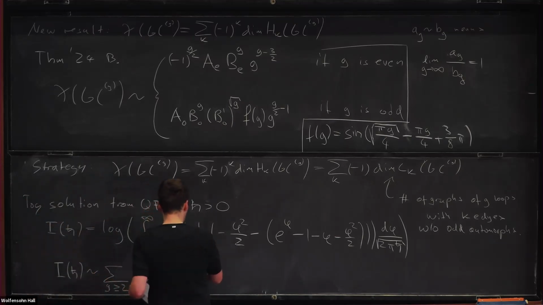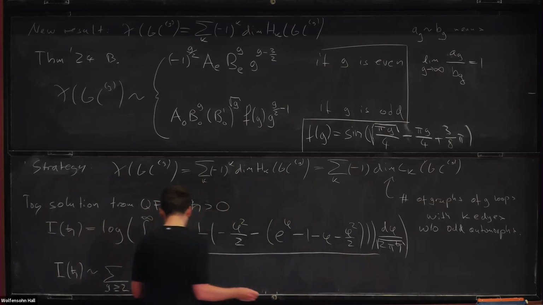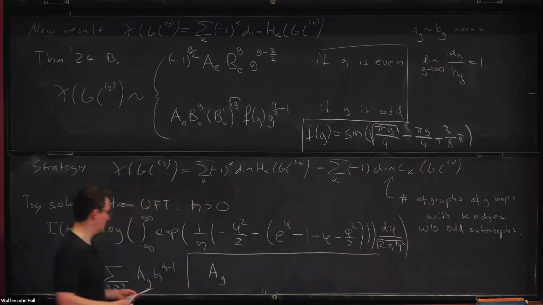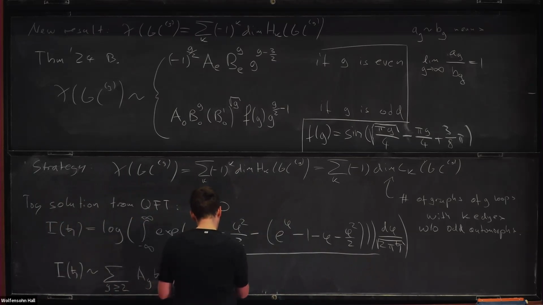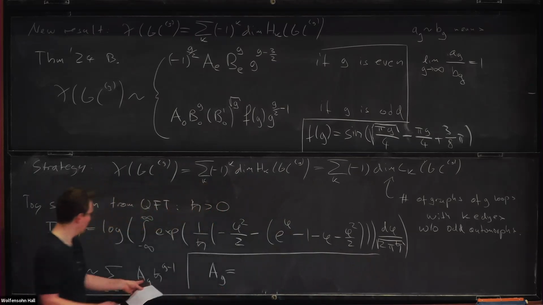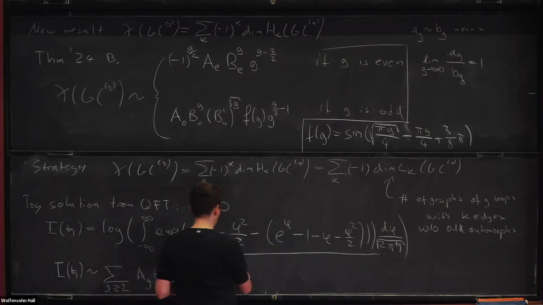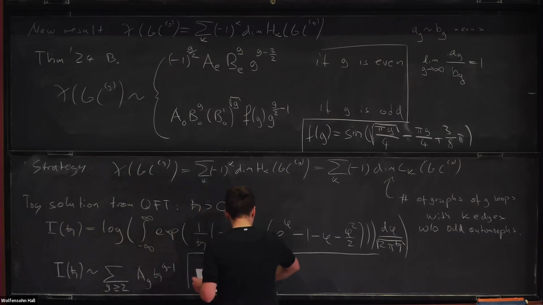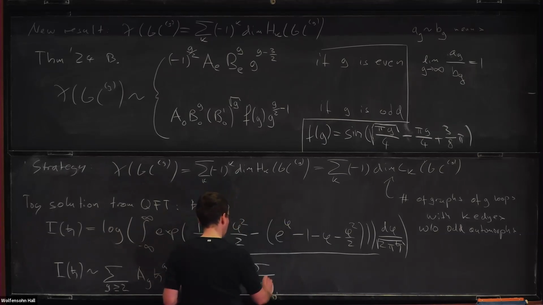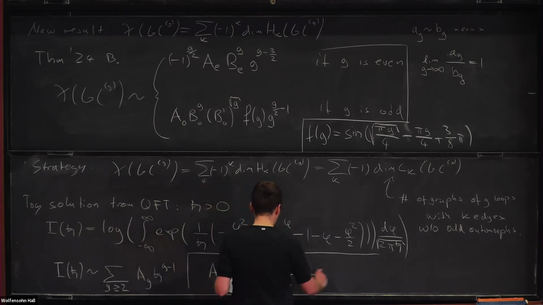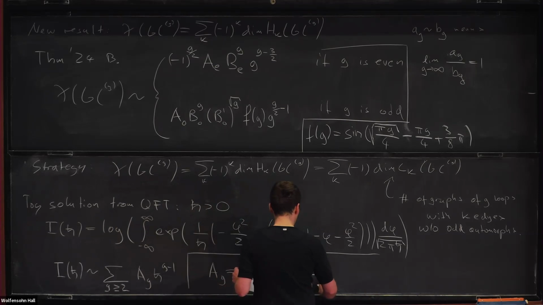It's very well known due to Wick and Feynman, and then also in this graph theoretical sense to Itzykson and Zuber, all physicists, that we can write these coefficients of these asymptotic expansions as sums over graphs. In this case, we precisely get a sum over graphs G, and they have g loops.